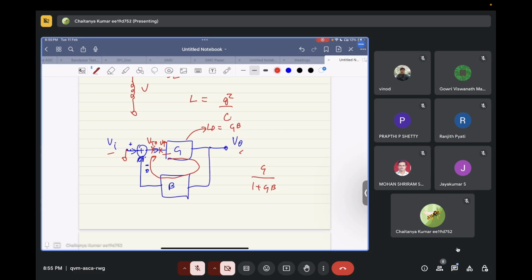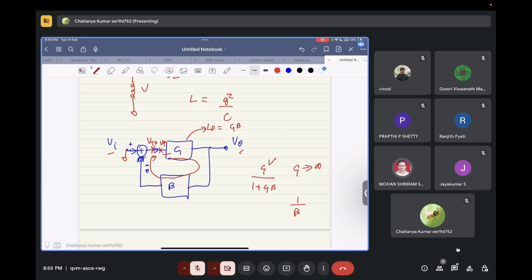Any other doubts? Sir, irrespective of the open loop gain in the op amp, the closed loop gain will be the same always, right? No, it won't. As long as your gain is very high, so let's say this G is tending to infinity, in that case your closed loop gain will become 1 by beta, correct?